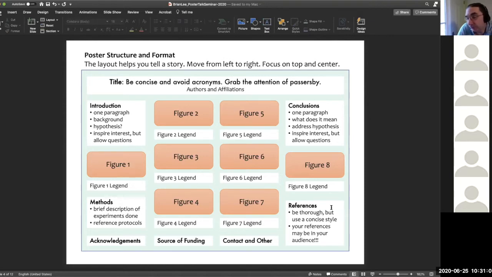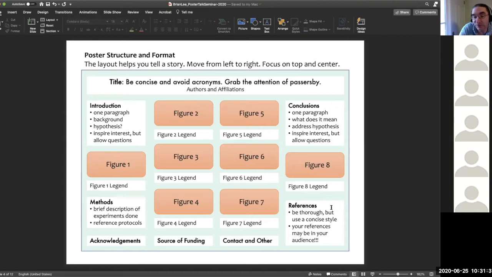Be thorough, make sure you include all the references, but be concise in the style that you pick to present them. So for instance, you can pick a reference style that doesn't include titles, maybe includes the first author only, but you want to provide enough information that if someone walks up to your poster and they did some of the research that you're relying on, they'll be able to recognize, oh, you cited me.